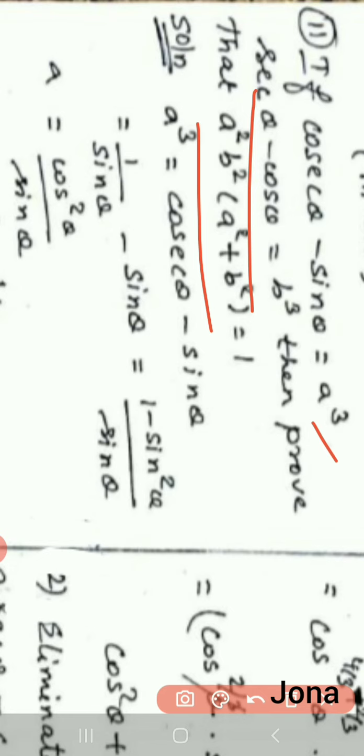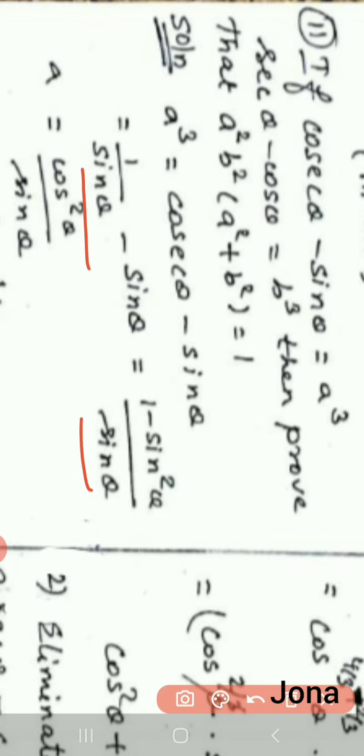Let me take the thing given in the problem, a cube equal to cosecant theta minus sin theta. This cosecant theta can be written as 1 by sin theta. Keep the sin theta as it is, and then I want to take the LCM for this, that is sin theta, then cross multiply so that it will be 1 minus sin square theta. 1 minus sin square theta is cos square theta.